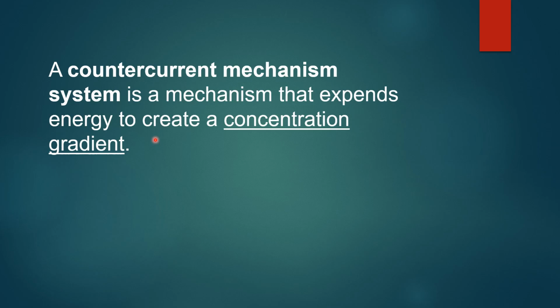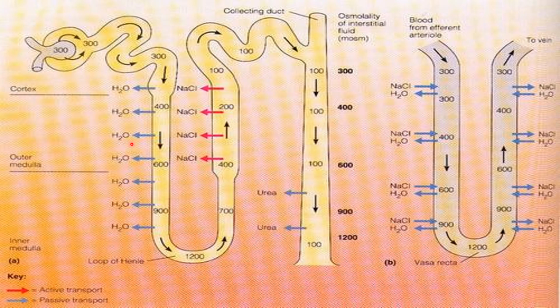So there will be a concentration gradient, because in one part the concentration will be higher as compared to the other part, and this gradient will be created by the use of energy. It is understood that the energy that will be used is ATP. So let's start how this whole mechanism works.